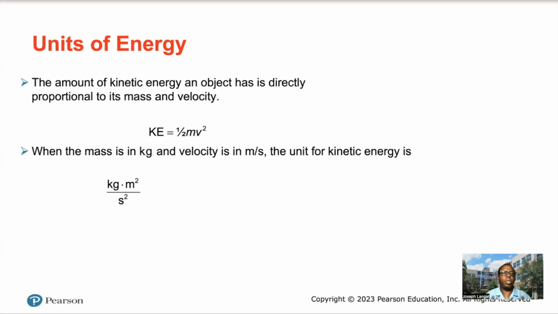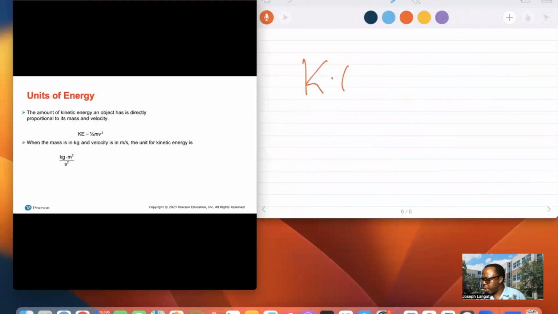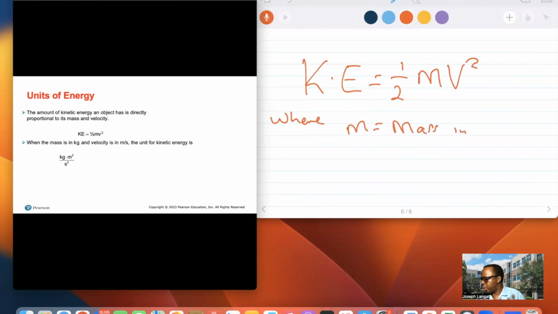For kinetic energy equals half mv squared, where m is mass in kg and v is velocity or speed in meters per second.